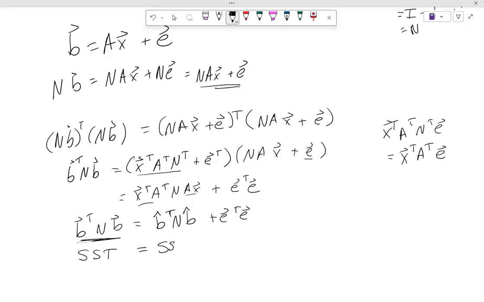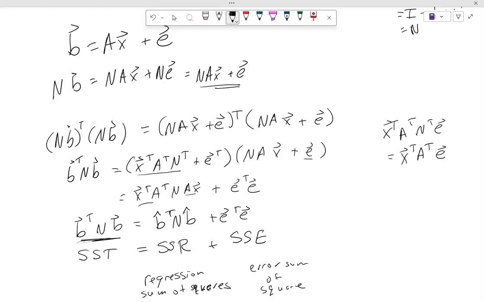So a lot of times you'll see this called SSR, the regression sum of squares. And this part over here is SSE, or your error sum of squares.